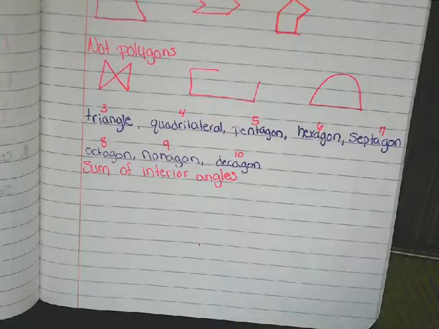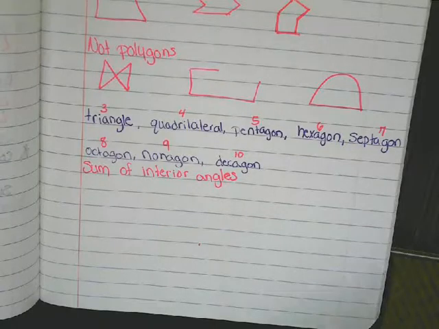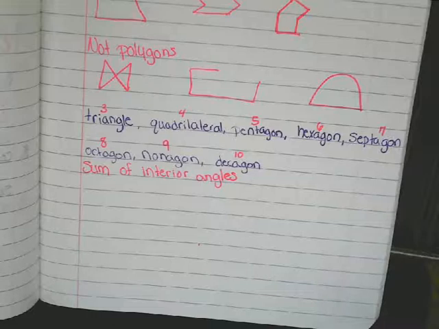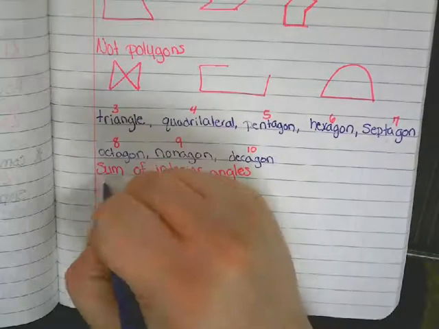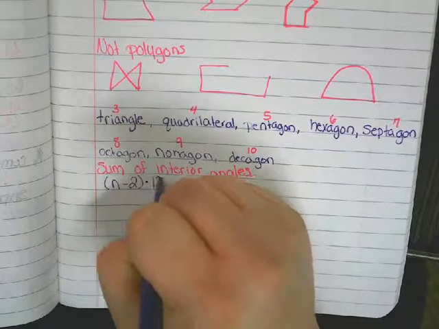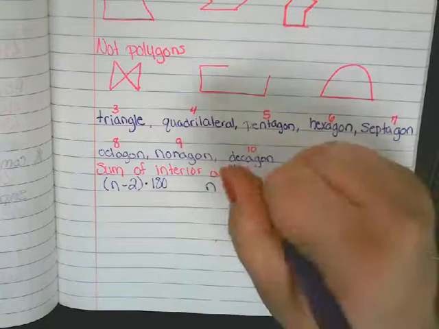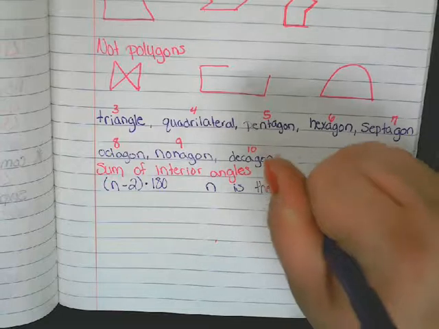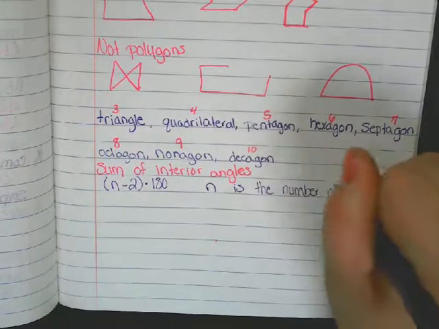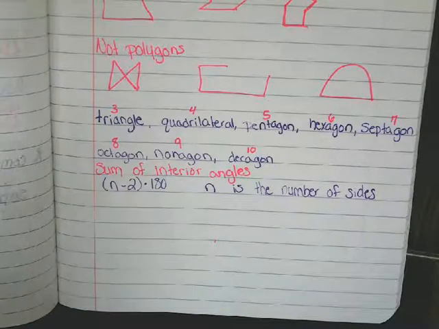But if you have the formula, you can figure that out quick. So the formula, you will take n minus 2 times 180. And n is the number of sides. So you take the number of sides minus 2 times 180.